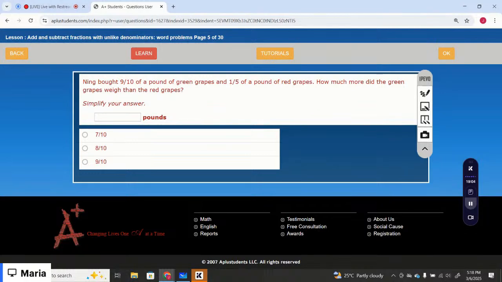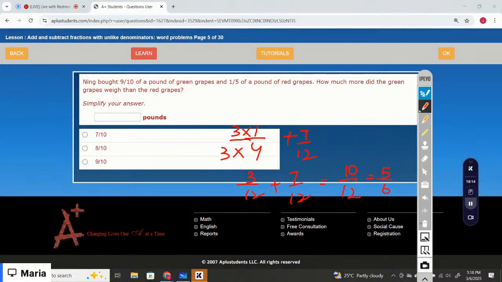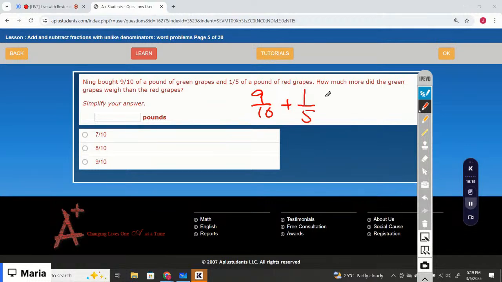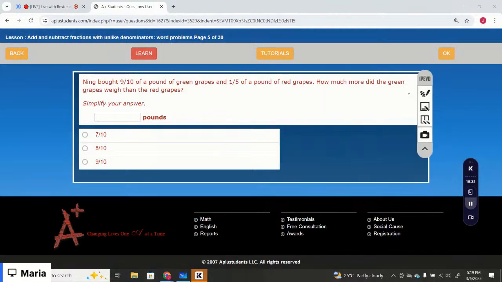Ning bought 9/10 of a pound of green grapes and 1/5 of a pound of red grapes. How much more did the green grapes weigh than the red grapes? 9 over 10 plus 1 over 5. You have to multiply it by the 2 because 5 times 2 is 10. That is 11 over 10. Oh, how much more?